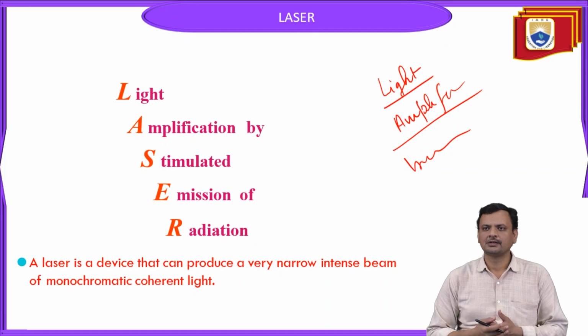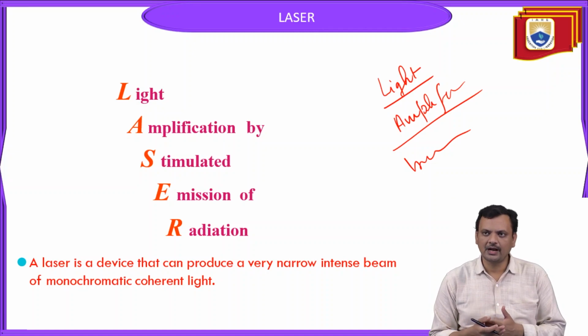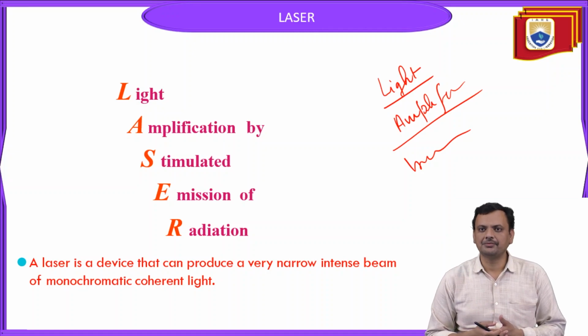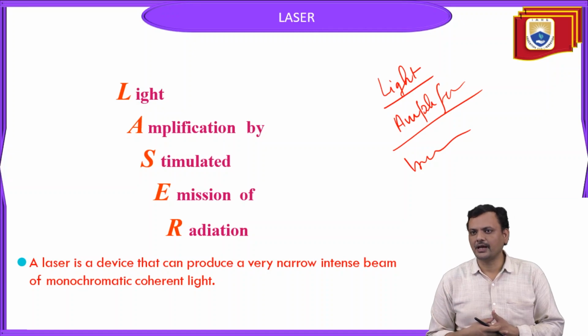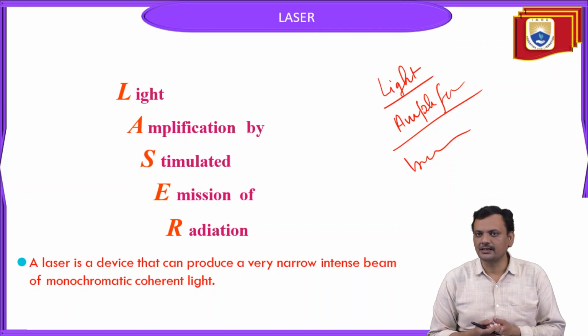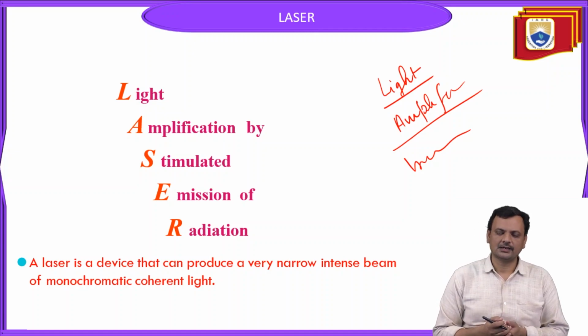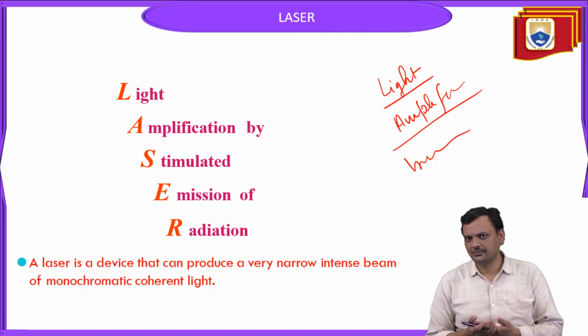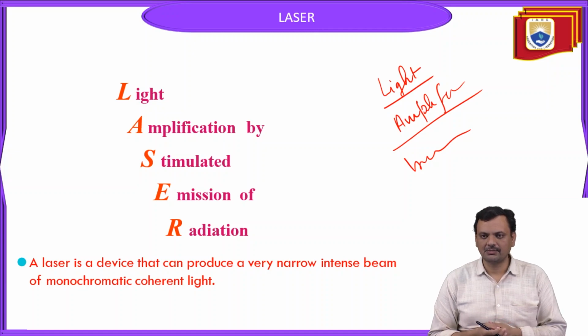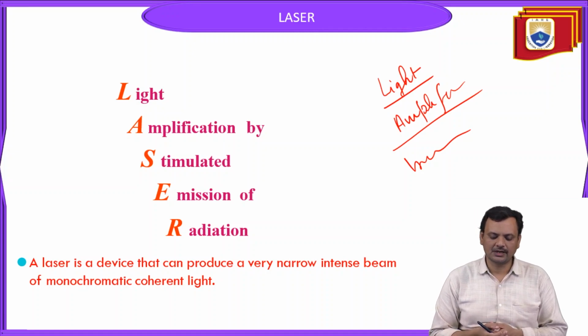There is one phenomenon known as stimulated emission. Due to that, once the light is amplified, its intensity will increase, and such emitted radiation in the form of light will be called laser. That's why the laser full form is light amplification by stimulated emission of radiation.